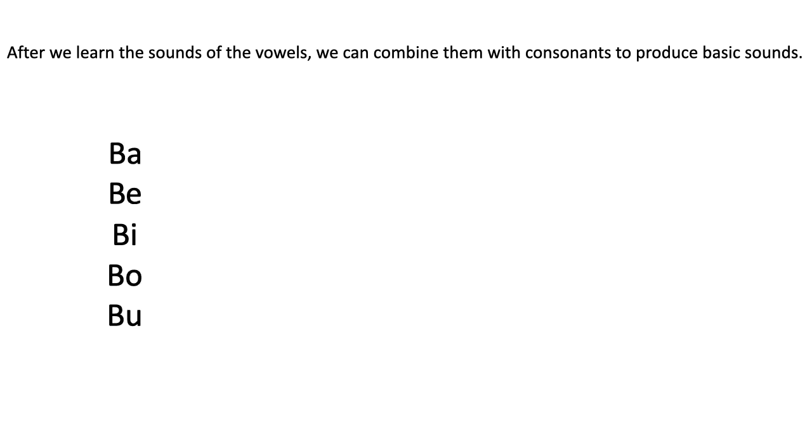So for example, B, it sounds just like in English. So let's do this. Let's take that B sound and combine it with the sounds of the vowels we just learned. Remember, the vowels are A, E, I, O, U. So we're just going to combine that with the sound B in order to read these 5 syllables.